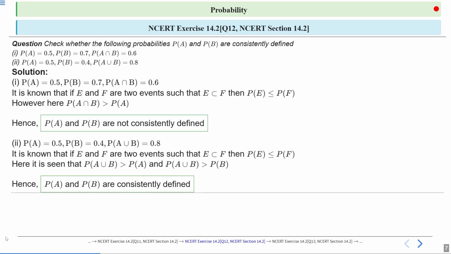So for the second one, probability of A and probability of B are consistently defined.